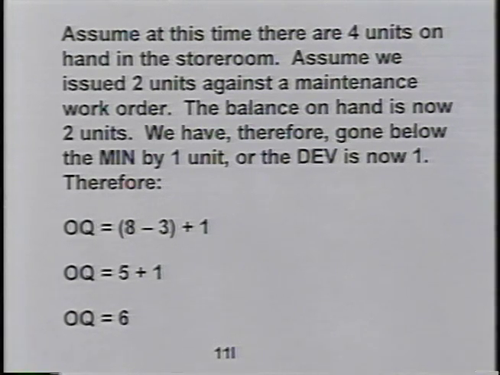That means I went 1 below the minimum, and therefore the order quantity is 8 minus 3, or 5, plus the deviation of 1 below the min, and therefore the order quantity is equal to 6. Now that concludes the different techniques relative to their examples.